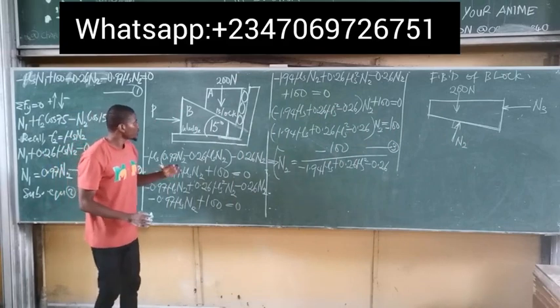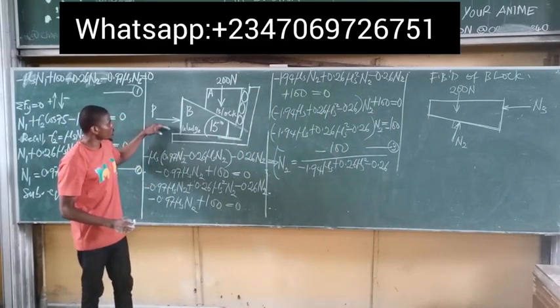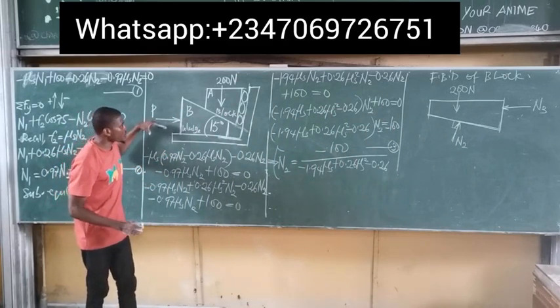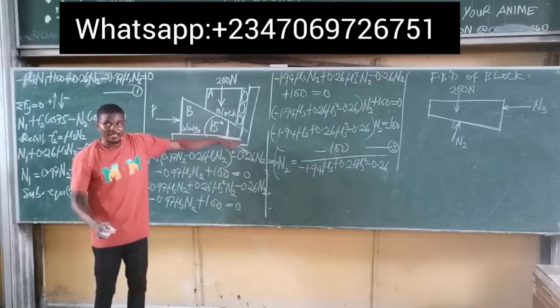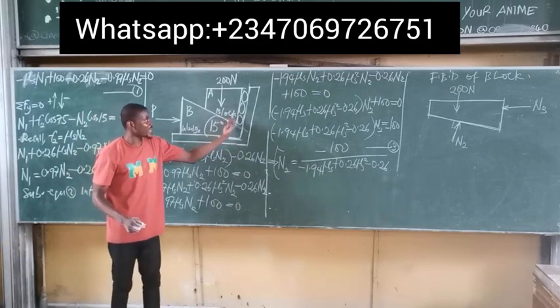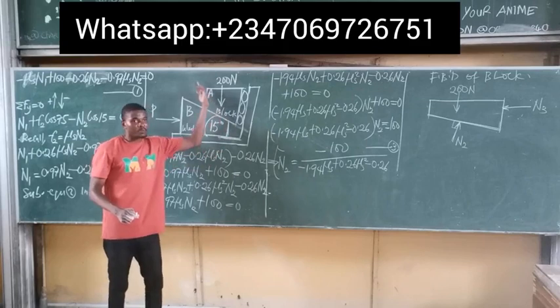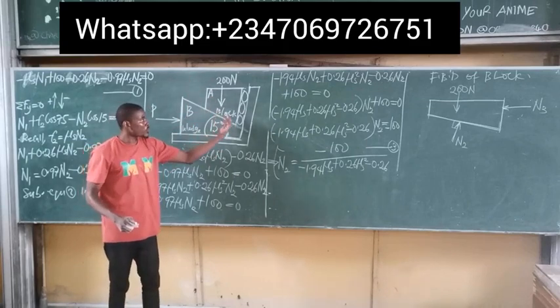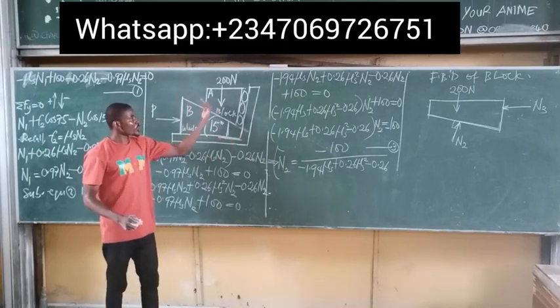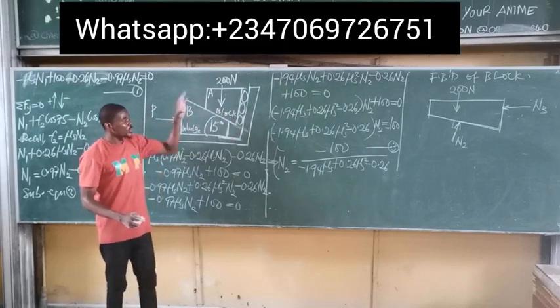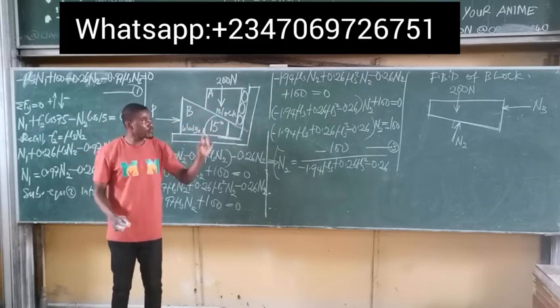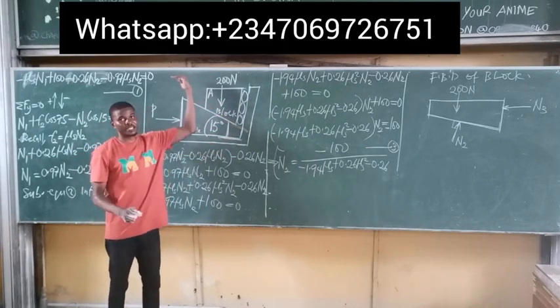Now, take note. If this load compels the wedge to move to the right, it means the block will move up the plane. So on this block, the motion is up the plane.